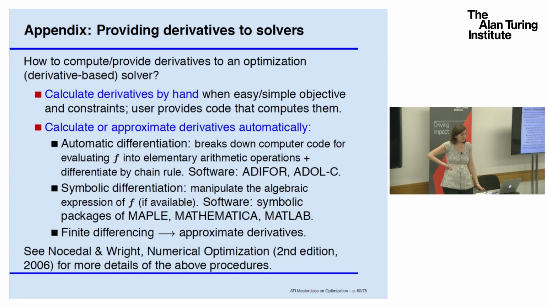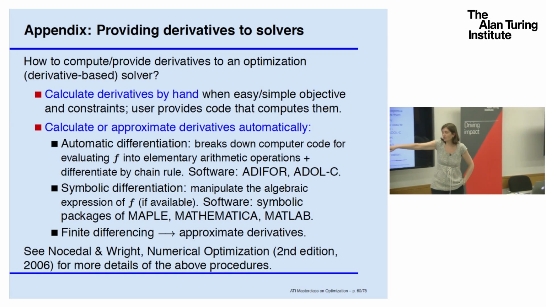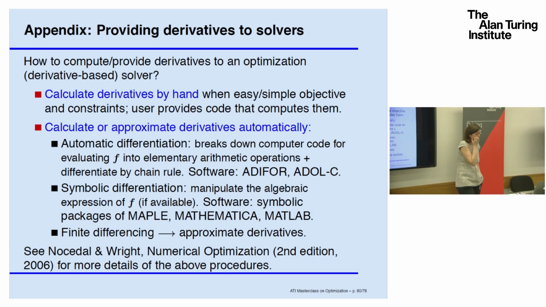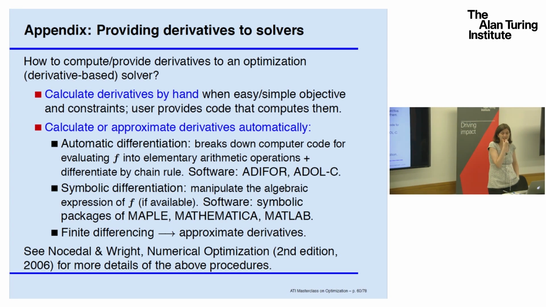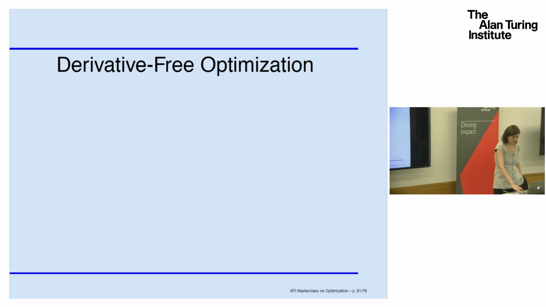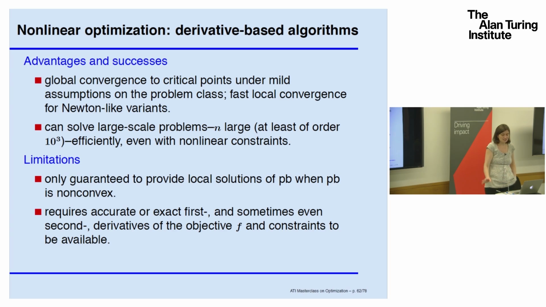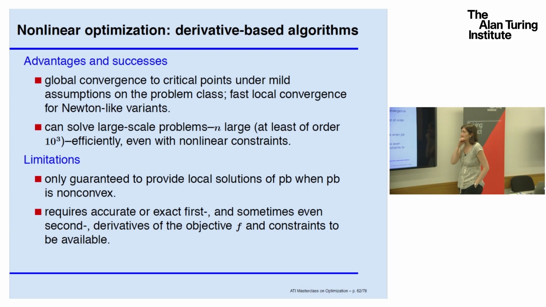But if, for some reason, you cannot do any of these, including finite differencing, if finite differencing, for example, is too expensive for your problem, then there are other alternatives. OK, so derivative-free optimization. This is a sub-area of optimization.